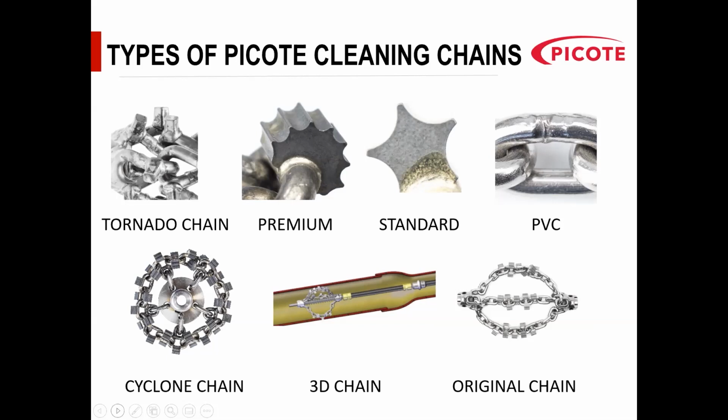We then have the standard chain that has a carbide that sits on the chain, it's got 3 teeth, and that removes any hard scale or deposits in the pipe. Then we have our premium chain. It has 7 carbides, with 7 cutting edges on there. This is for removing really, really hard deposits in pipe, and that's real heavy corrosion.